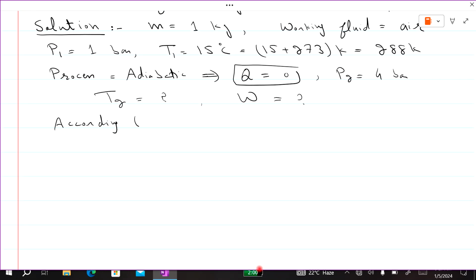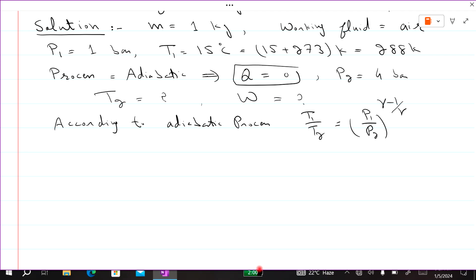According to adiabatic process, T1 divided by T2 is equal to P1 divided by P2, whole power gamma minus 1 divided by gamma.